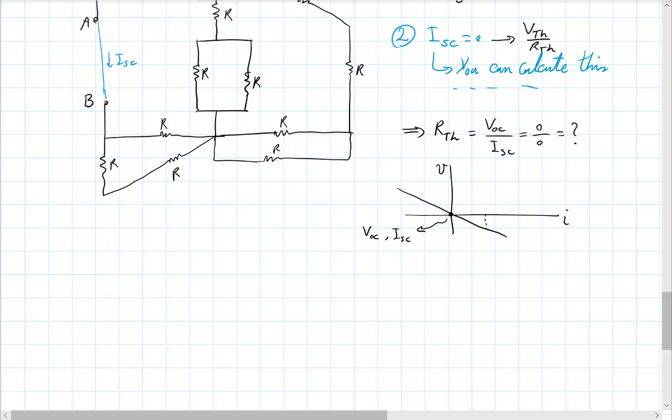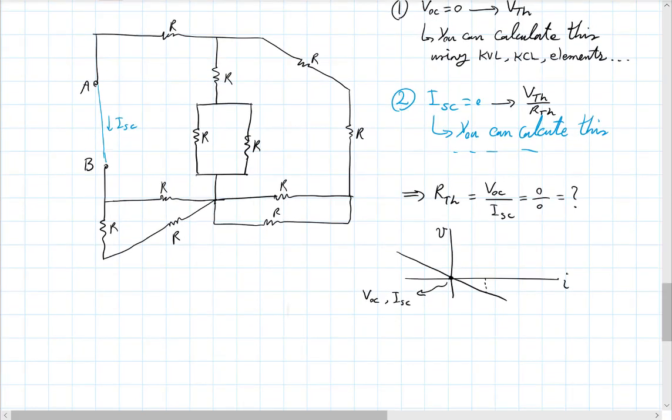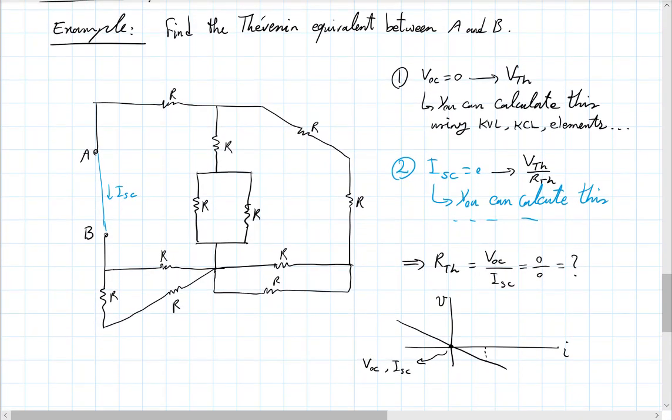Right? You need to find another point. And that point can be any point. It's a straight line, so any point. Positive current or negative current, positive voltage, negative voltage, doesn't matter. So you have to find one more point. And so here's what you do. You want a non-zero point. So you apply a voltage, let's say a value V here, and calculate the current I, or something of that nature. Right?